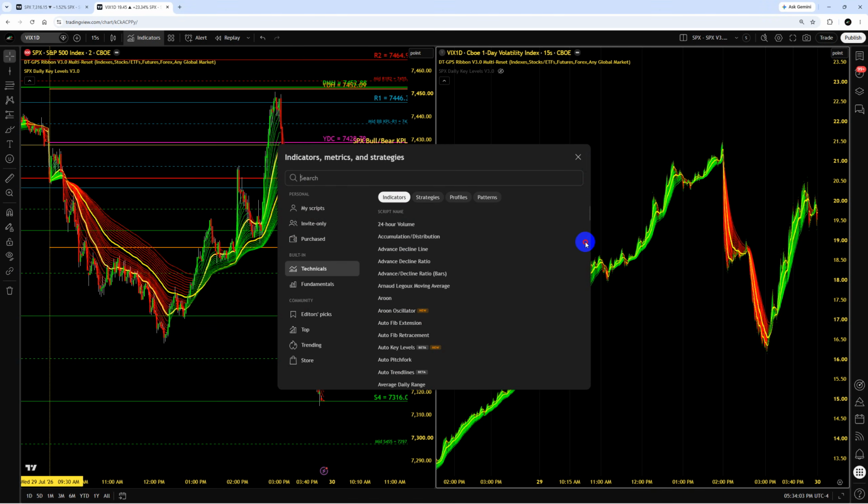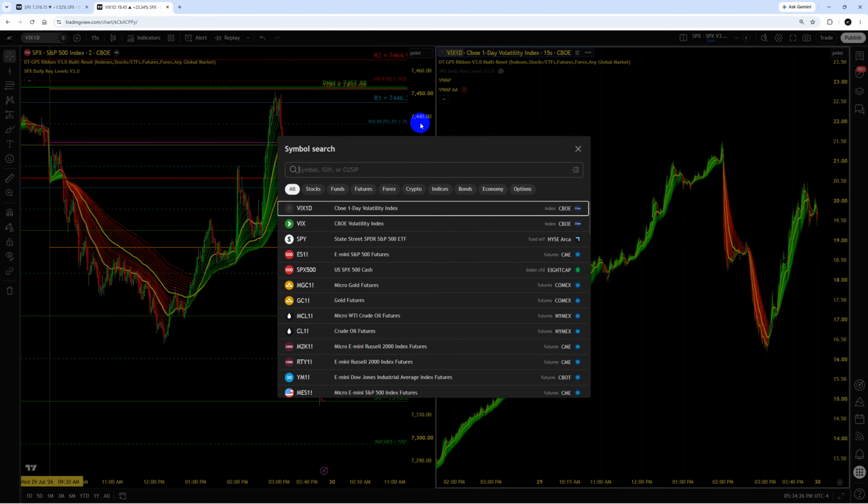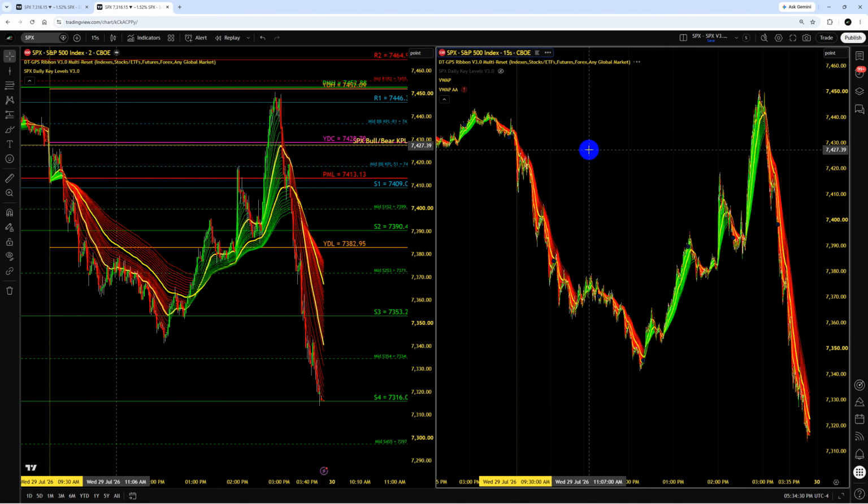Okay, so if we go down to technicals built in, we go to volume weighted average price, and then VWAP auto anchored. We'll change this back to SPX CBOE.